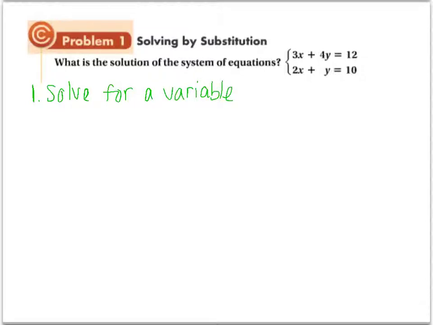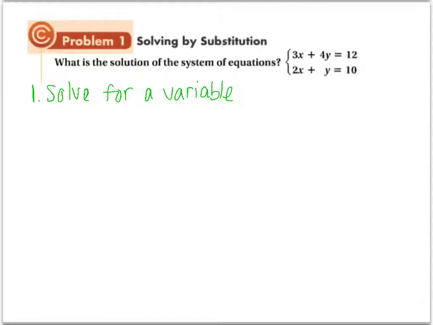It doesn't matter which one. And it doesn't matter which equation you take it from. You've got two equations, two variables, x and y. Choose whichever equation you want, choose whichever variable you want, and solve for it.